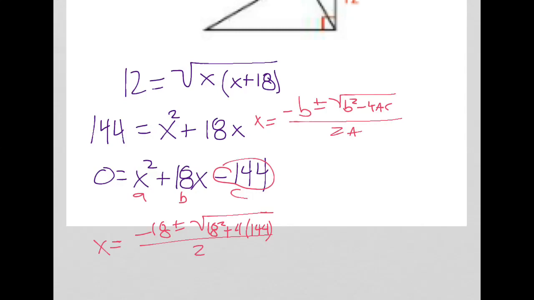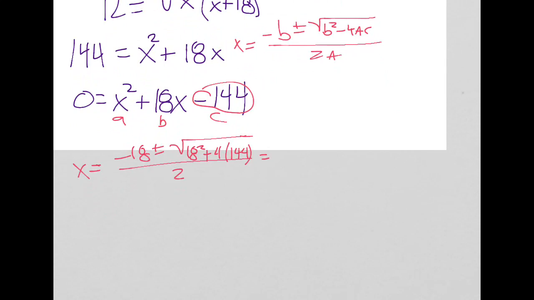So I'm not going to do this one in my head. I'm going to grab a calculator for this, and I am going to type it like this. I'm going to open a parenthesis. I'm going to do negative 18 plus square root. It'll automatically put that parenthesis there.